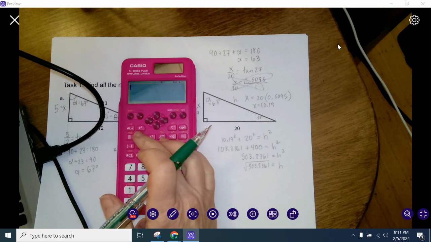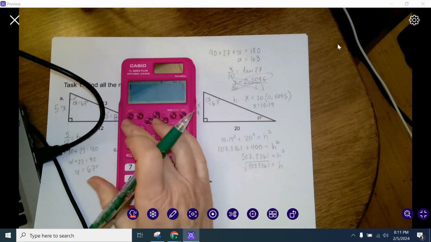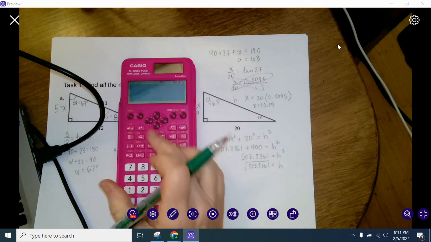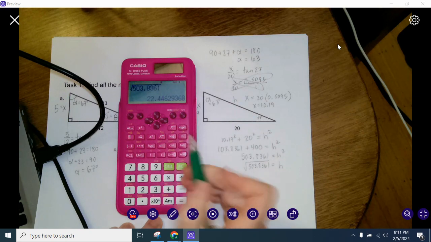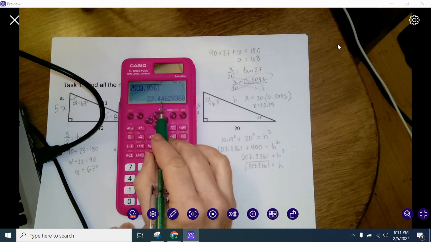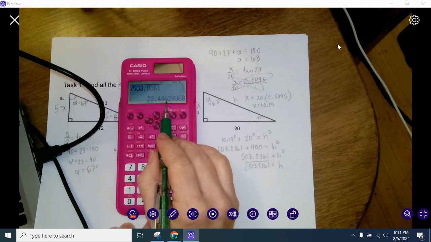But remember, on your calculator, you may have to hit the second and then x squared and then put in the number. So I need the square root of 503.8361, and I get 22.45. Notice I'm going to round it off like dollars and cents. So I want to stop here at the second 4. So I look to the right, 5 or more, give it 1 more.